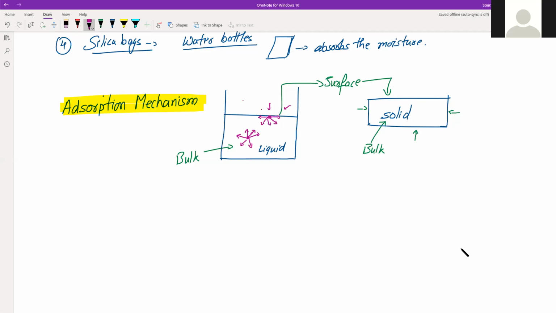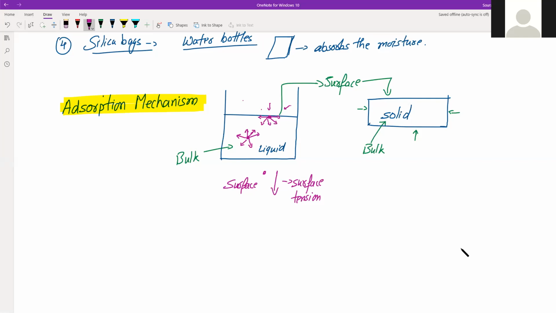As you can see here, due to all this, there is a net force on the surface, downwards or towards the bulk, that is an inward force of attraction, and this causes surface tension. Surface tension is nothing but the force per unit length on the surface of the liquid.